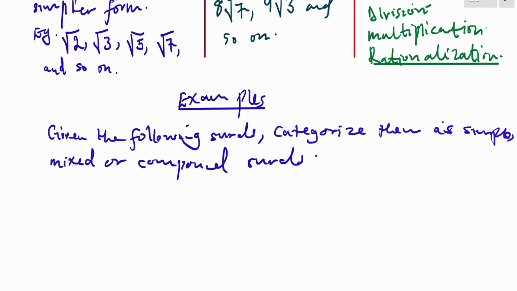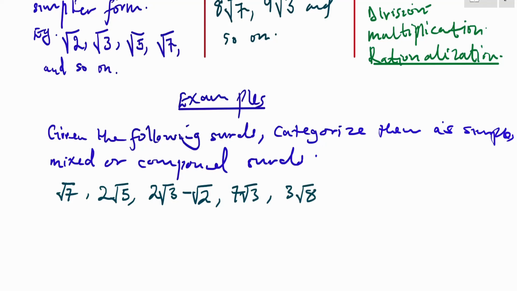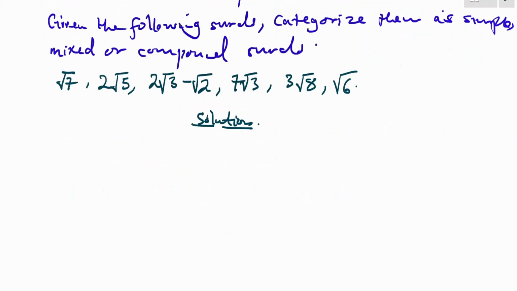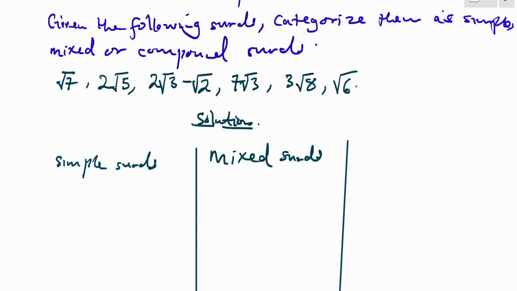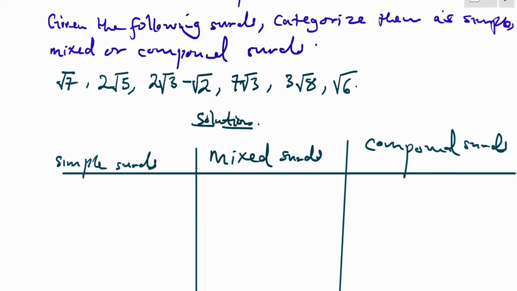We have the square root of 7, 2 square root 5, 2 square root 3 minus square root 2, 7 square root 3, 3 square root 8, then square root of 6. Now we can have our solution. On this side you are going to have the simple surds, in the middle the mixed surds, and lastly the compound surds. So we are grouping them.